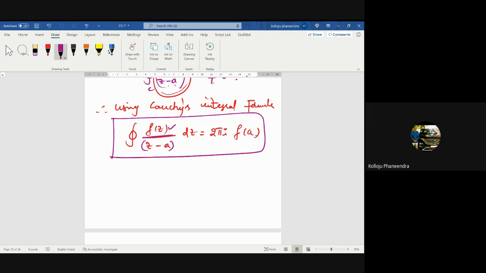Then the answer is 2 pi i into f of a, putting z equal to a in f of z. This is Cauchy integral formula. Any doubts? You have to remember this structure: the integral over C of f of z by z minus a only, where z equal to a is the singular point, must lie inside.